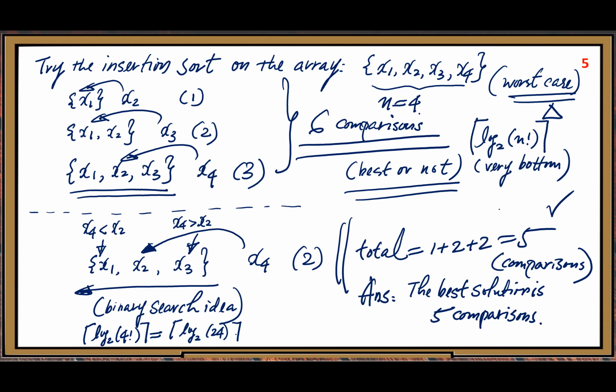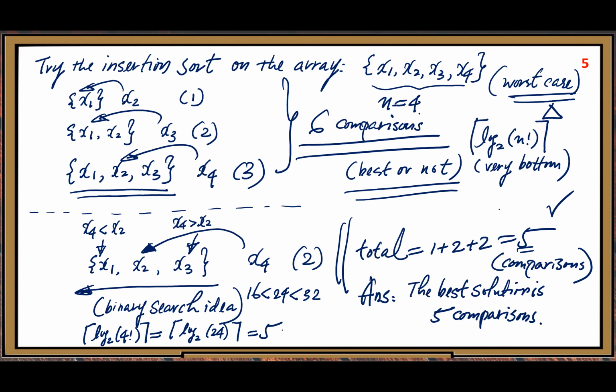24 is greater than 16 but less than 32, right? That means log base 2 of 24 is 4 point something. You take the ceiling function, you get 5. This number 5 is the very bottom.